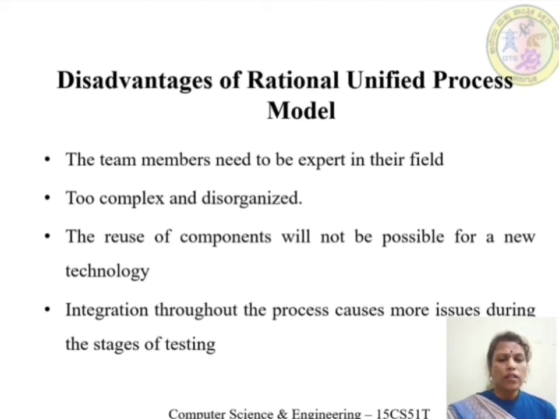Thus at the low level, the design will be too complex, whereas at the high level, the design looks very simple. And here, the reuse of components will not be possible for a new technology.